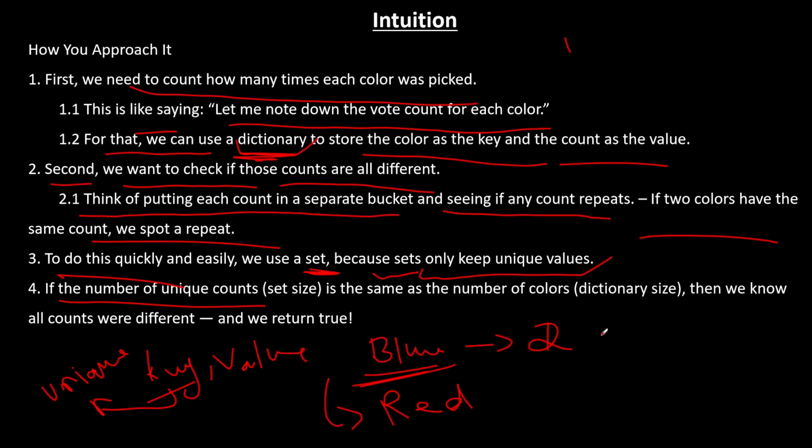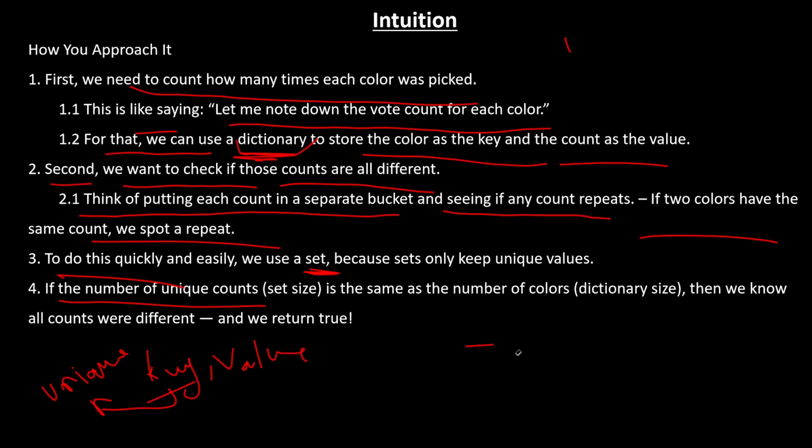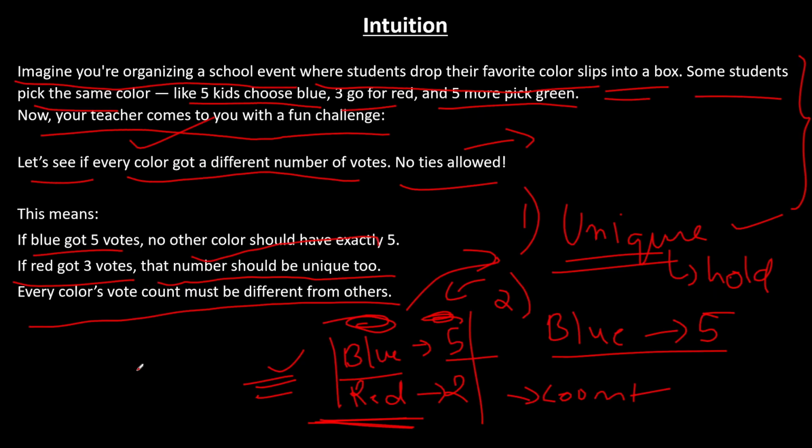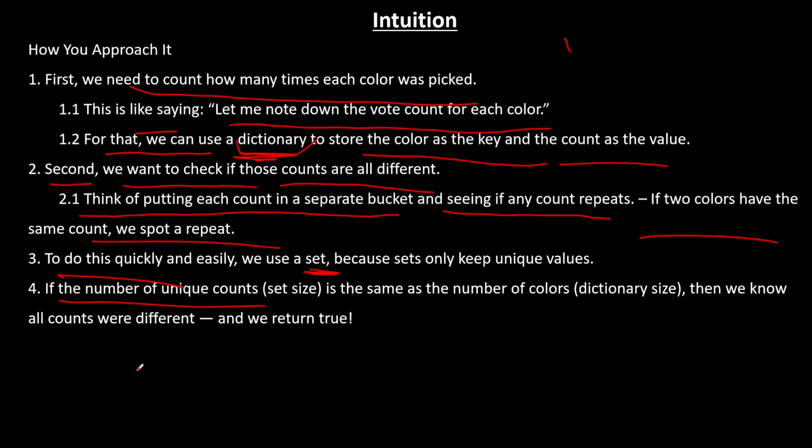Now, let me make it clearer. Till now, we have resolved two things: how to store values for the count and how to get the unique values. Now, how will we check whether the counts of slips are unique or not, which is the final thing? Let this be a dictionary.